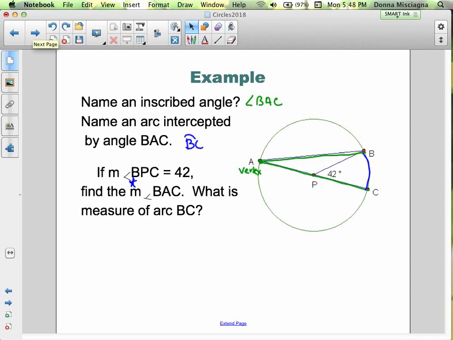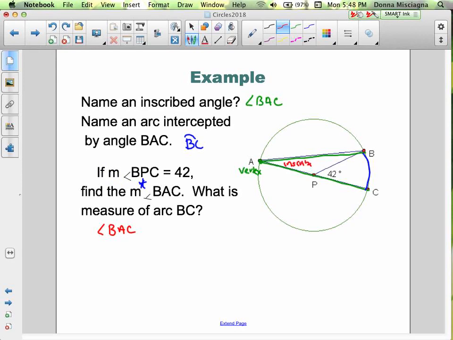This one here, the measure of angle BAC. Now angle BAC is the inscribed angle. If you want, you can label that. And this is the central angle right here.